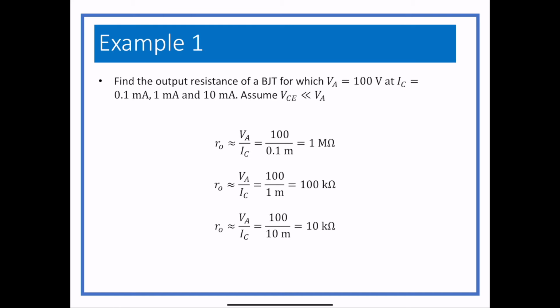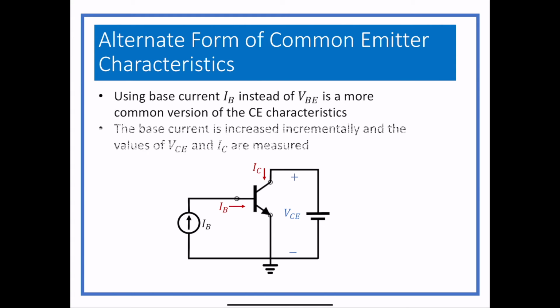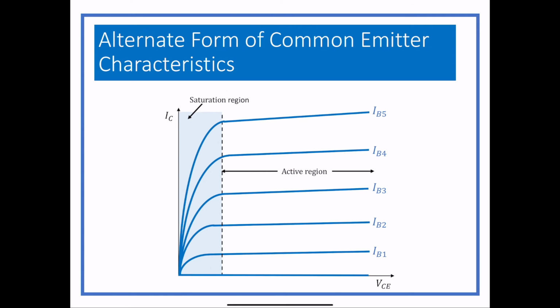But that's not generally the traces that we use. Usually, because the IB model is easier to deal with, we look at the base current and change that, and look at the collector current and the collector emitter voltage that way. And we end up with characteristic curves that look similar, but are a little easier to deal with.